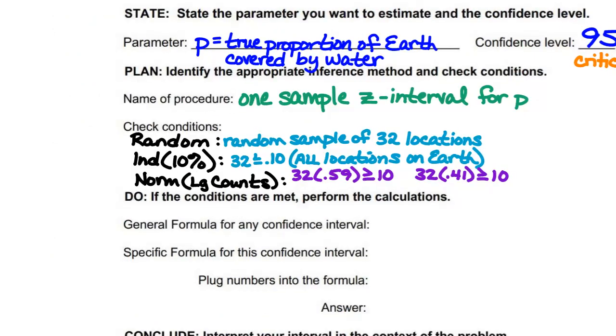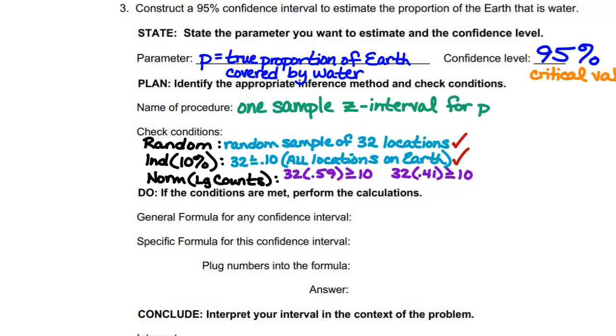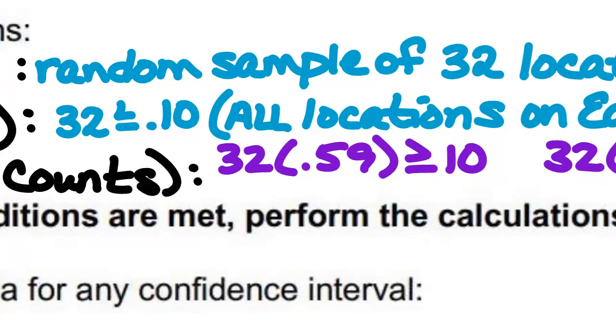We did a random sample of 32 locations, so we absolutely get randomness. I don't know what could be much more random than throwing the ball around the room. Do we get independence? 32 is less than or equal to 0.10 of all locations on Earth? Yes. Do we get large counts?